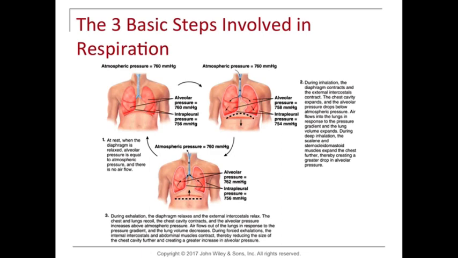Air flows out of the lungs in response to the pressure gradient, and the lung volume decreases. During forced exhalation, the internal intercostals and the abdominal muscles contract, thereby reducing the size of the chest cavity further and creating a greater increase in alveolar pressure.